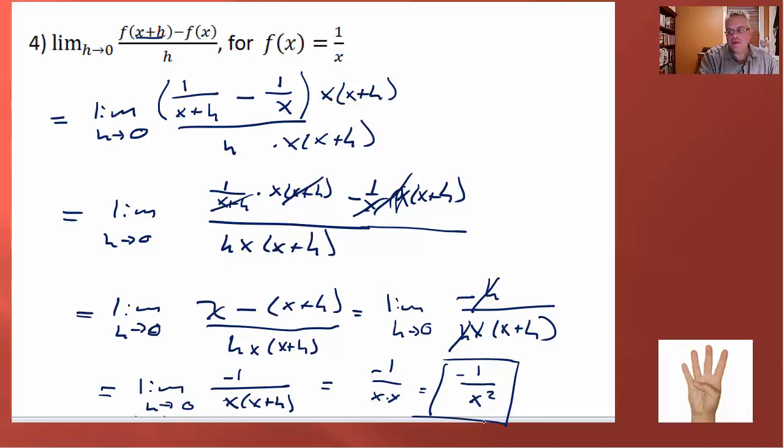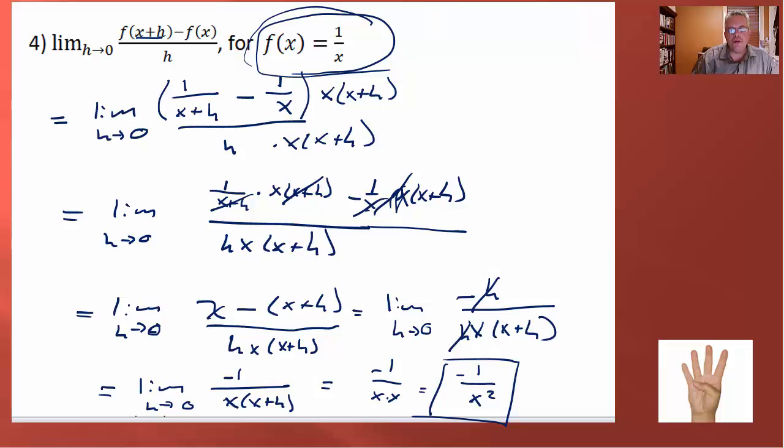All right, so we're done here. We got something involving x. That's not a big surprise. So x just kind of was carried through this whole thing. Whatever number it is, if you want x to be 2, then I guess this is negative 1 over 2 squared, which is negative 1/4. This is actually a formula for the derivative of this function. That's coming next week.